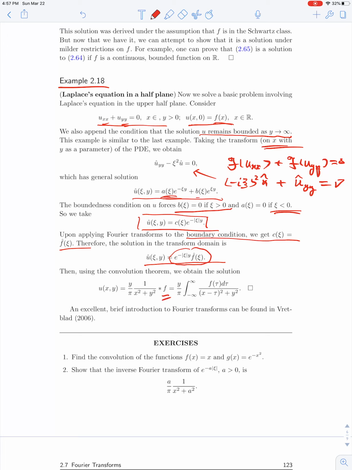The inverse Fourier transform of f hat is the original function f, and the inverse transform of this term is this term, which is actually the formula for this. If you read other textbooks, this is usually referred to as the Poisson kernel on the upper half plane.